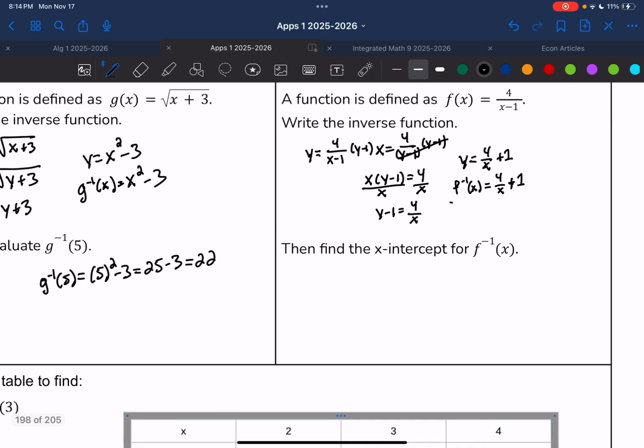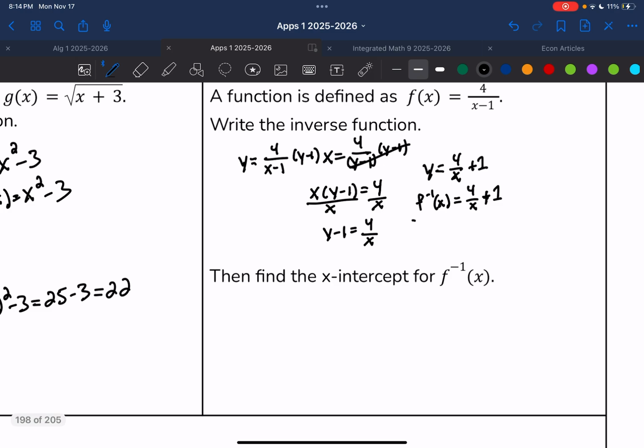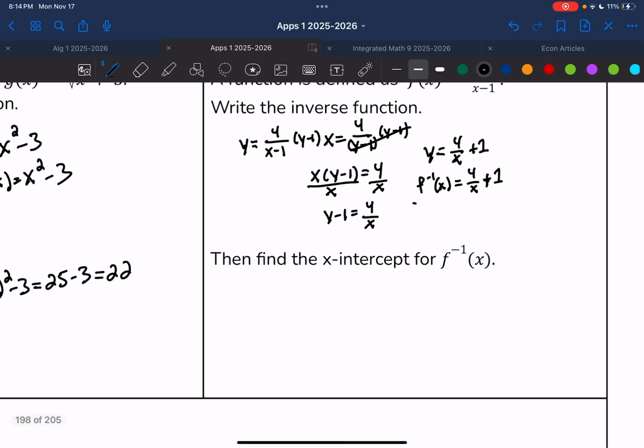All right. And now we want to find the x-intercept for f negative 1 of x. So this is going to be where the function f negative 1 of x is equal to 0. So 0 is equal to 4 over x plus 1. And you can either do it this way, or you can plug it into your calculator and find the x-intercept that way.